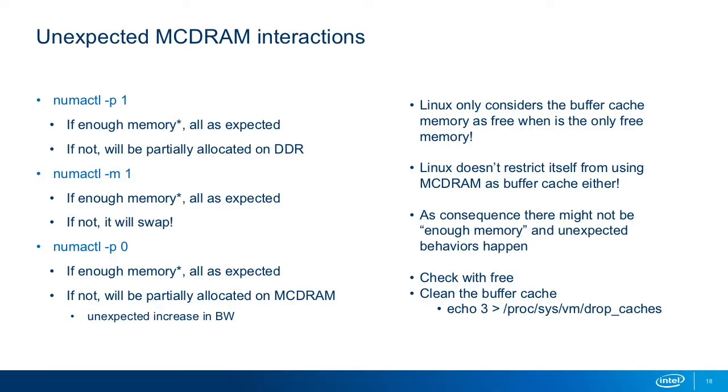Unexpected MCDRAM interactions. You've seen this already from Hans: with numactl you can use either -p or -m. -p is preferred, so everything will first be allocated inside NUMA node 1, which is the MCDRAM in flat mode, and the rest partially allocated on DDR.